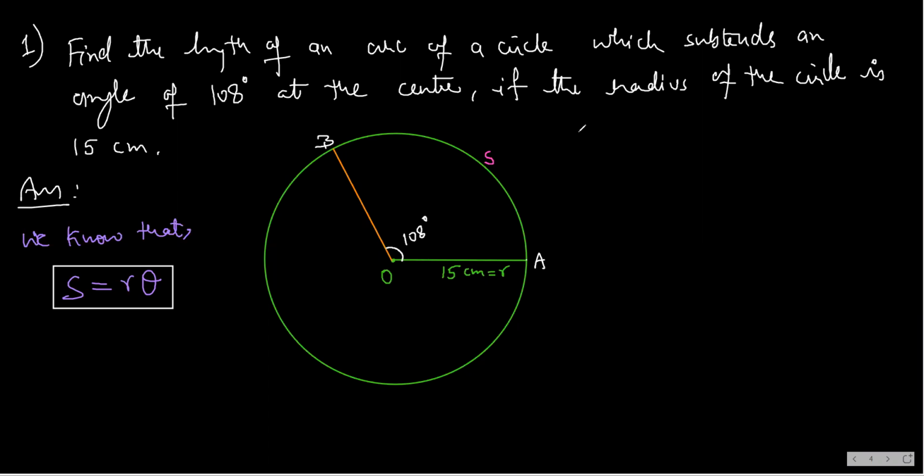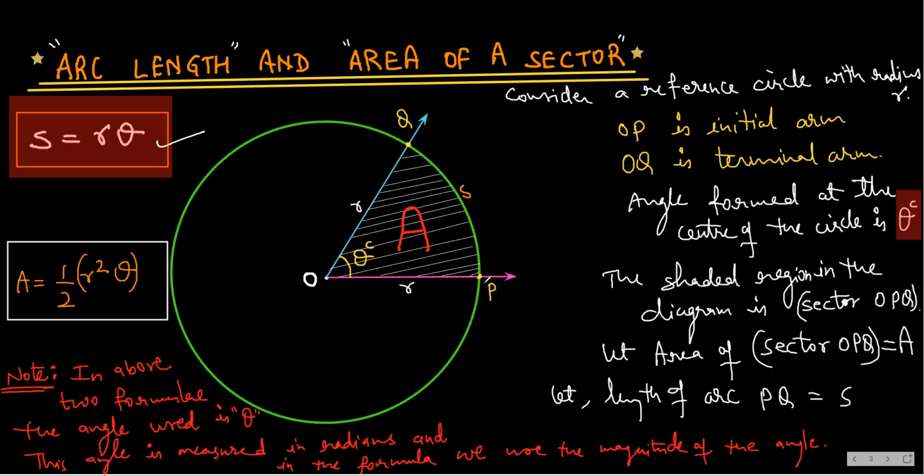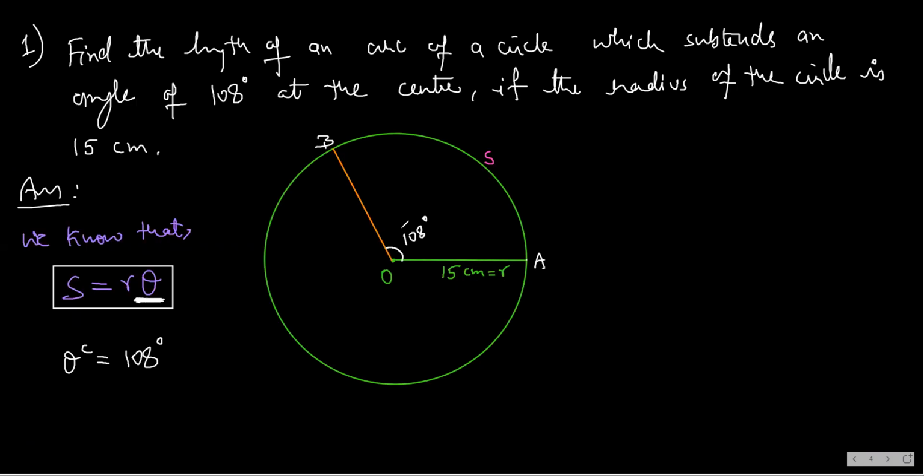I write here theta radian is 108 degree. In this formula, the derivation is not done; I did not derive it for you. But in the derivation, the angle has to be theta radian, while the formula will use only the magnitude. So theta radian is 108 degree. Now see, next what I do.